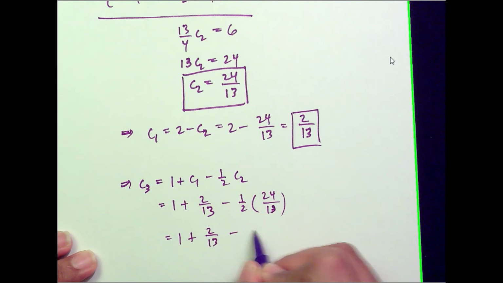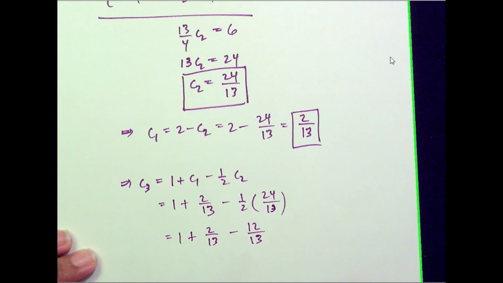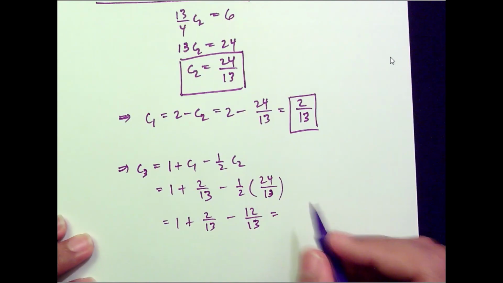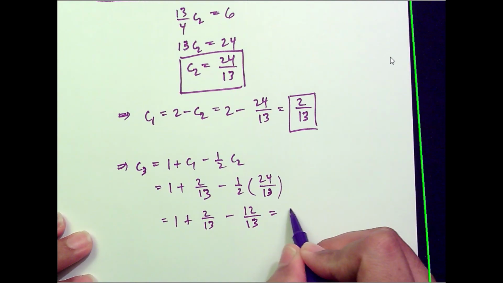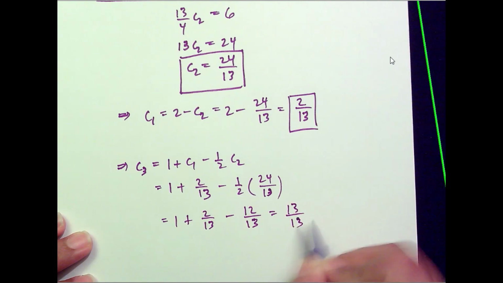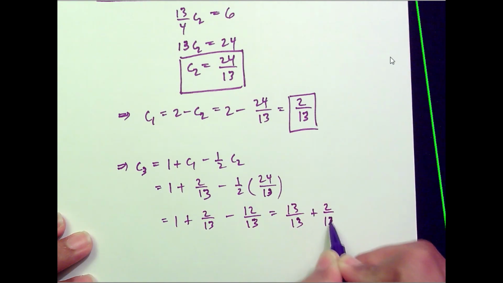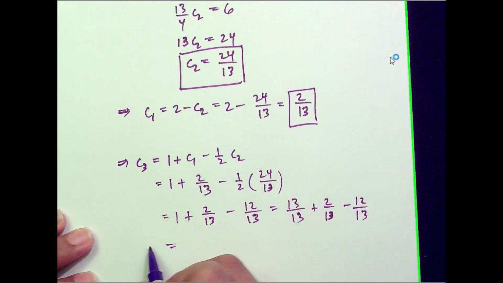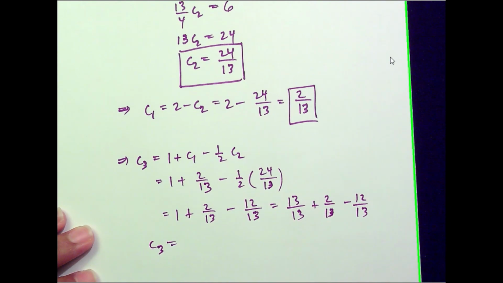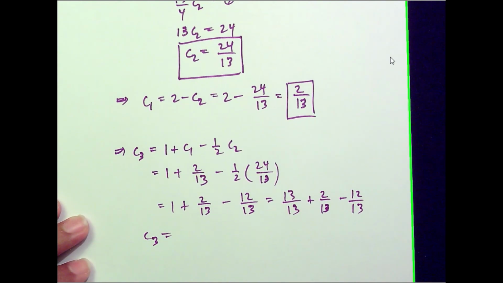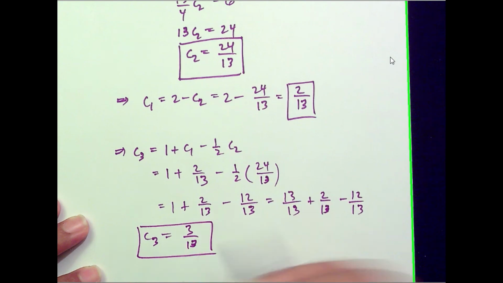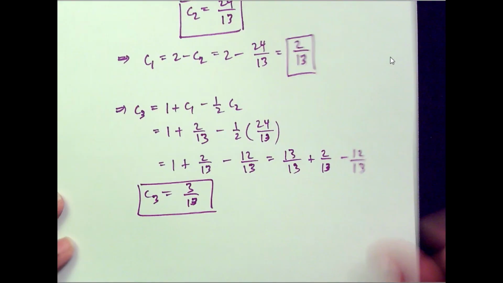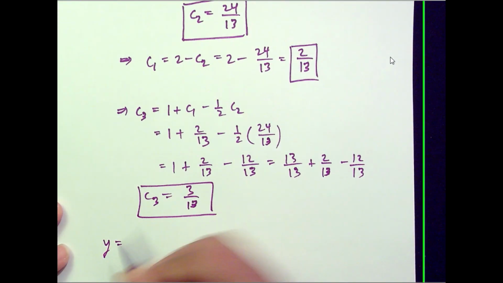The 2's cancel to get minus 12 over 13, which is 13 over 13 plus 2 over 13 minus 12 over 13, which simplifies to 13 plus 2 is 15. 15 minus 12 is 3. So that is C3, and now we found all the constants, and we're finally done. Ooh, that was a lot of work.